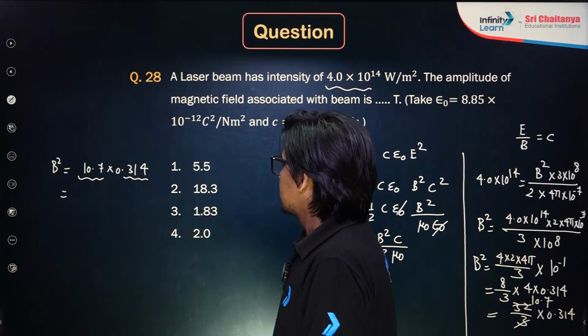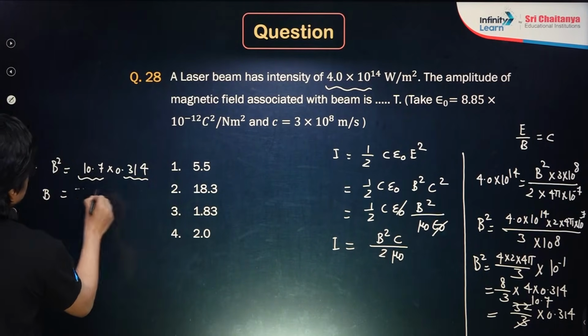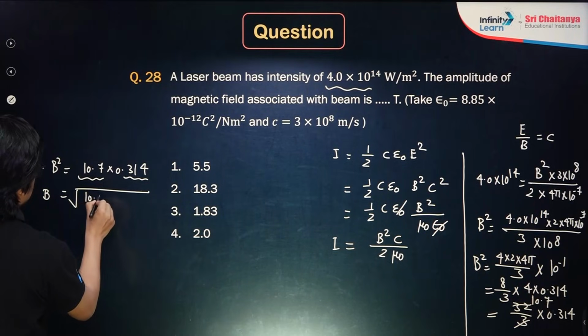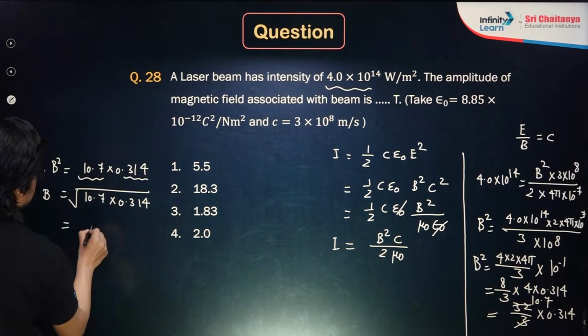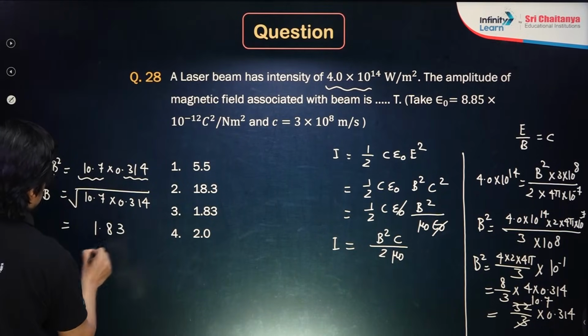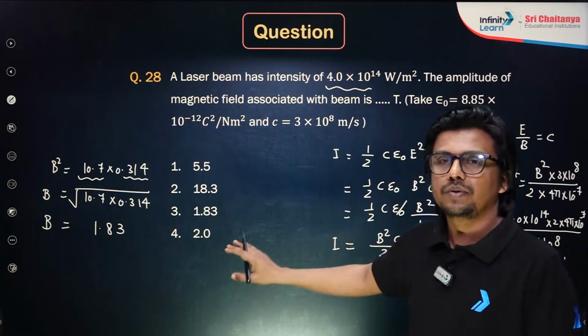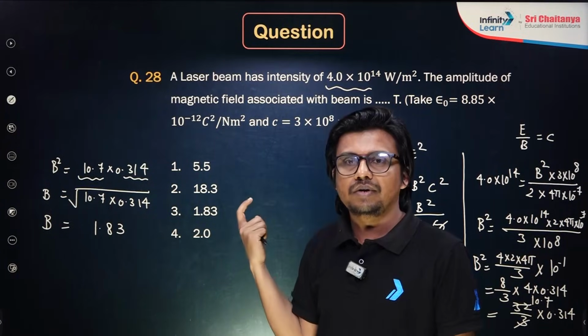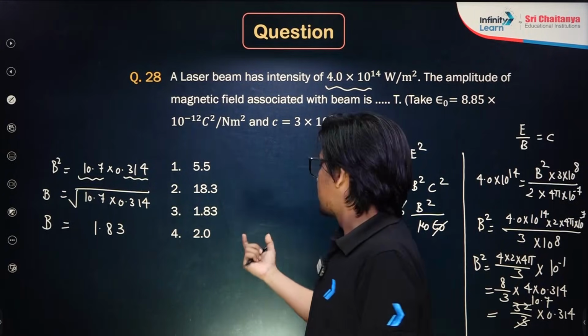So you can write B is just the square root of this 10.7 into 0.314, and it comes out to be 1.83. Okay, there is only one option which will have a value nearly equal to the square root of 3.